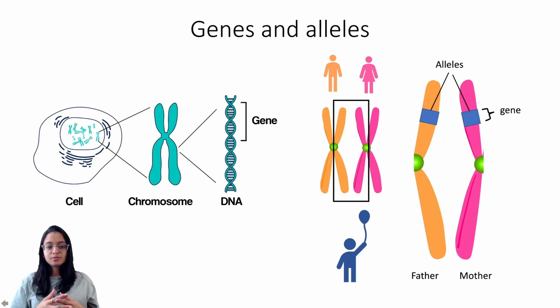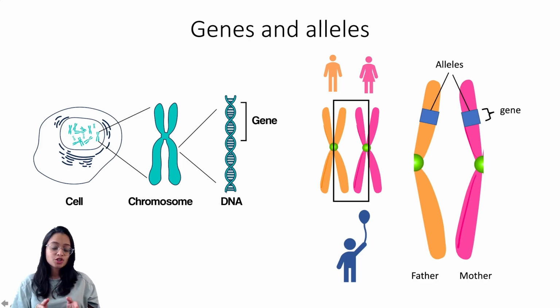You must have heard that we are diploid organisms, meaning that we carry two sets of chromosomes in the nucleus of our cells. We have 46 chromosomes, 23 from the father and 23 from our mother. Let's consider an example of a gene present on chromosome 7. Now you should have two versions of the gene, one present on chromosome 7 derived from the father, and the other present on chromosome 7 derived from the mother.